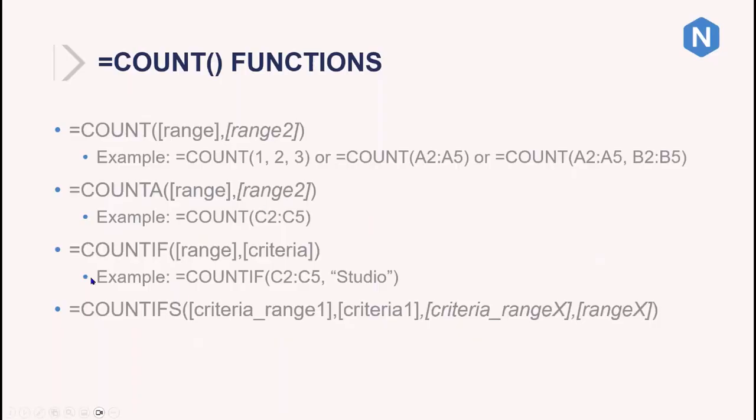So there's a lot of ways of leveraging this, but the goal is to get a total count of something that matches certain criteria. And usually I will be using COUNTIFS for most of my counting operations, just because then it's consistent 100% of the time for me. So there's one of those examples. Count all the things in the C column that match level 1, all the things in the D column that match studio. Ready to go.